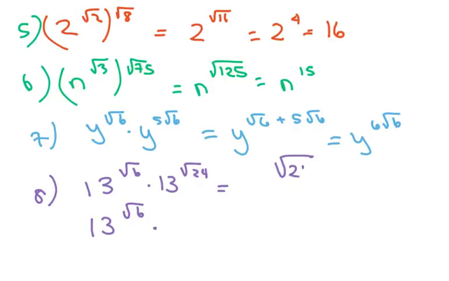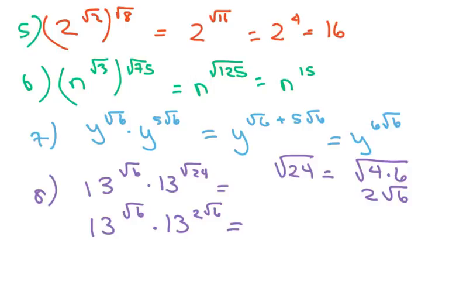Square root of 24 can be written as square root of 4 times 6, which equals 2 square root of 6. So that's how I'm going to rewrite that. And that's going to equal 13 to the square root of 6 plus 2 square root of 6, which equals 13 to the 3 square root of 6, just like our number 7.